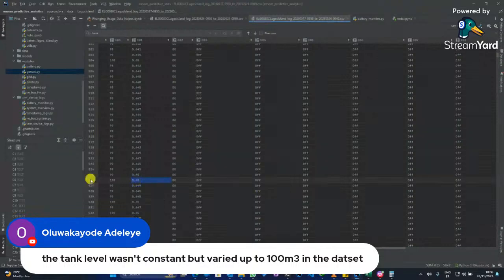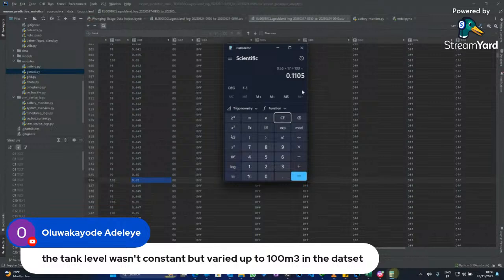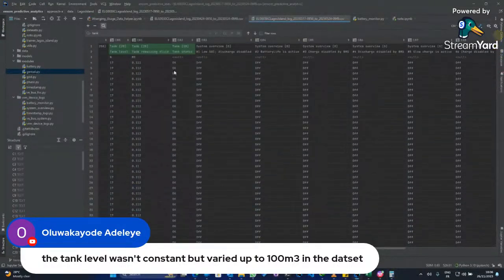So when the tank is at 100%, the tank remaining fluid is 0.65 meter cube, and 17% of that is 0.11, which is almost the same as what we are seeing here on O4, that 17% is 0.11 meter cube.